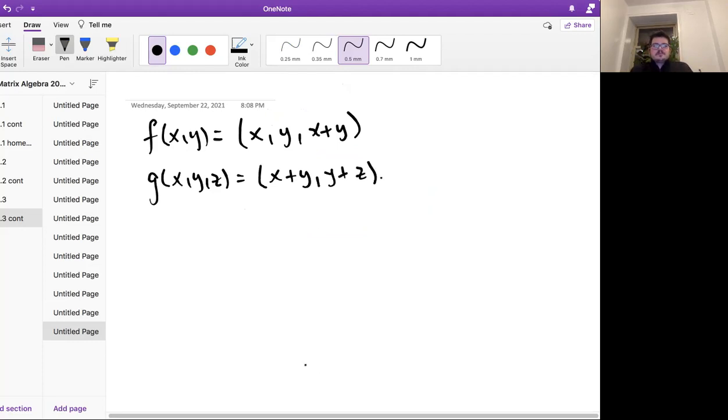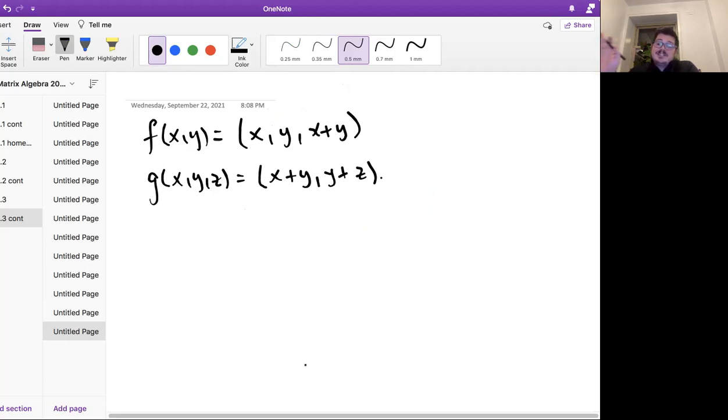So if F of x, y is equal to x, y, x plus y, and G of x, y, z is equal to x plus y, y plus z. Yes, the output space needs to match the input space.